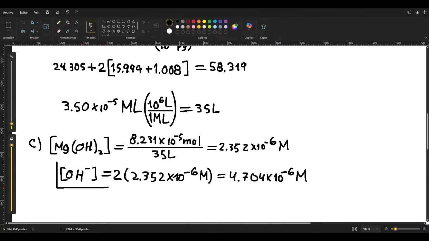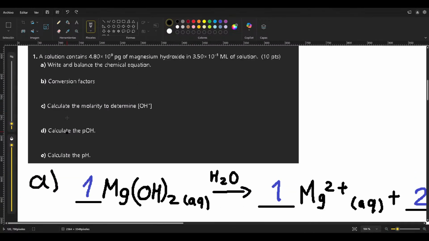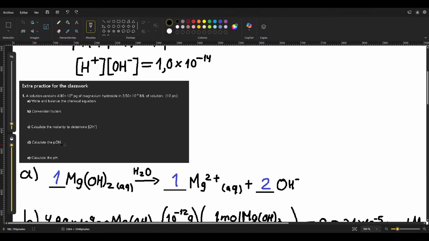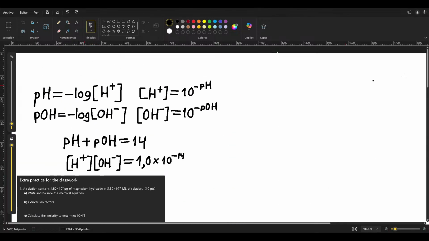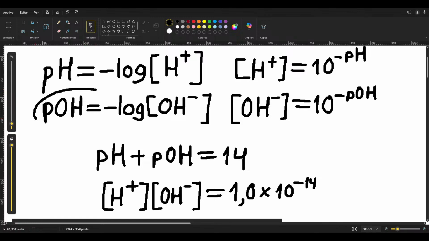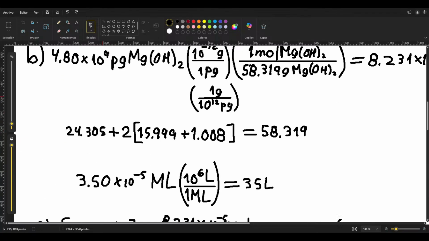Okay, we have now the concentration of hydroxide ions. Calculate the pOH. So let's look at the formulas. How can we calculate the pOH if we have the concentration of OH? Well, here it is. It's basically minus log of the concentration of hydroxide ions.